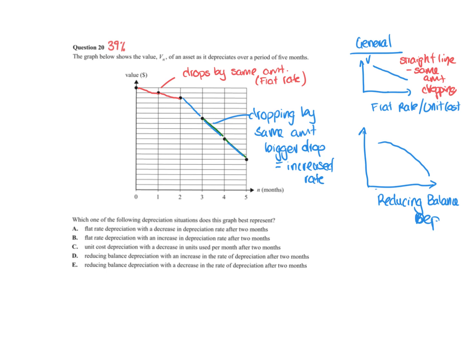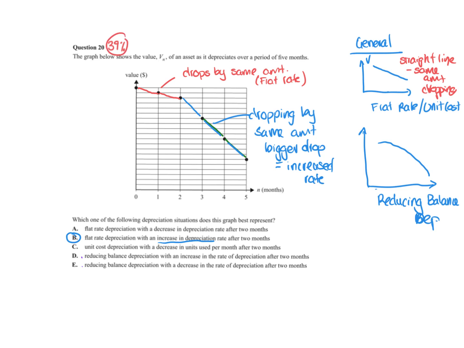So the depreciation rate increased, so the answer is going to be B, because it's increasing there. The other one has reducing balance, and that's because at first eyesight it looks like it, and that's where they were trying to trap you. Kids went off and said, yep, it looks like a curved line, I'm going to say it's reducing balance, which we're going to do in our next lessons.